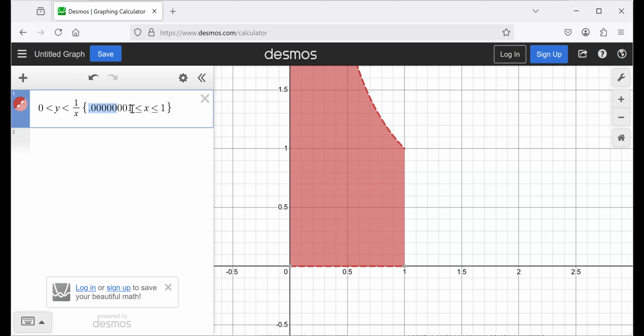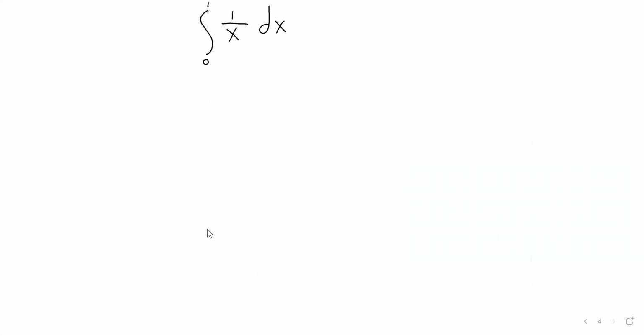And in terms of calculus, what we're doing here is we're taking a limit. We're looking at this lower number and we're making it closer and closer to zero. Properly speaking, it's a one-sided limit, but we don't really need to worry about that.